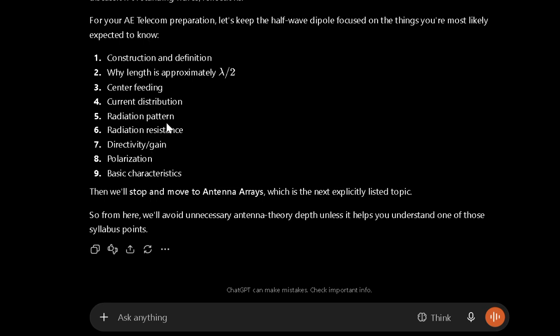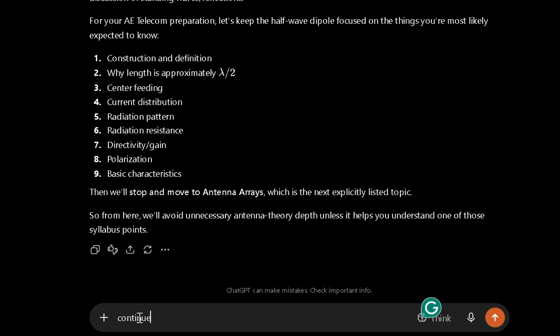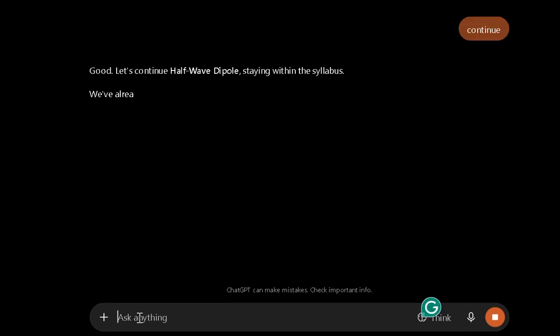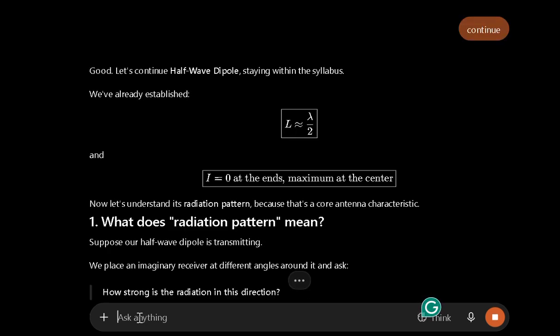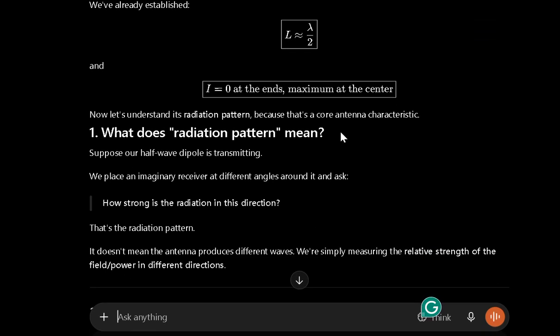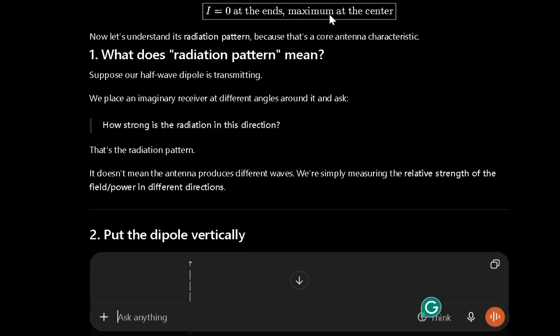Okay, we'll look at this later. First, we'll go to the antenna. After the dipole, the current is zero at the ends.